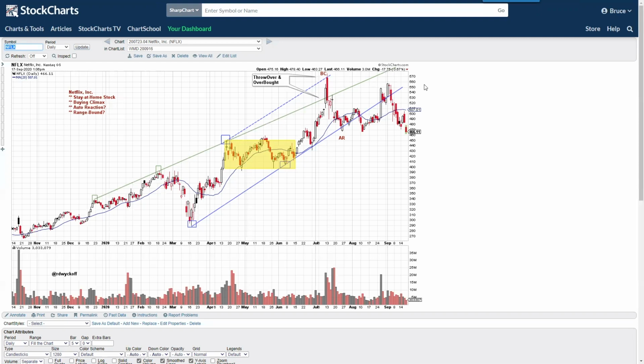This is looking an awful lot like the schematic where the LPSY makes a lower high. Now you have a touch of the demand line from underneath, and now you have weakness that's taking this down through support, and it's very weak today.